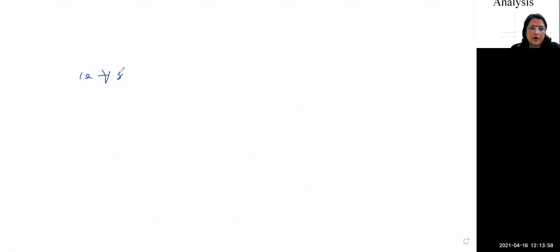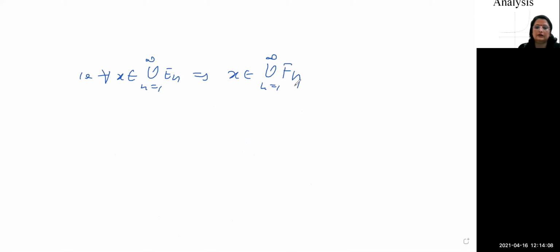That is, for all x belongs to union n running from 1 to infinity En implies x belongs to union n running from 1 to infinity Fn. यहाँ तक पहुंचना है, ठीक है जी.